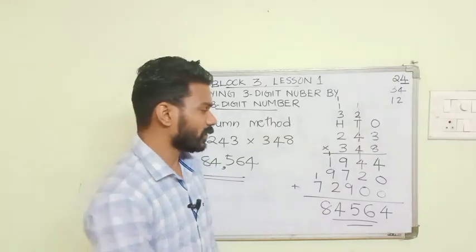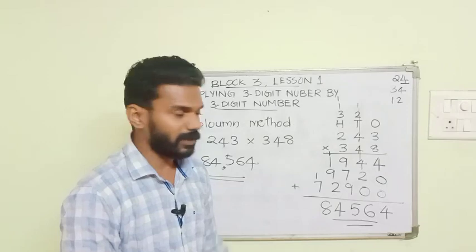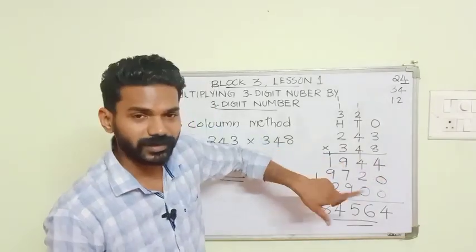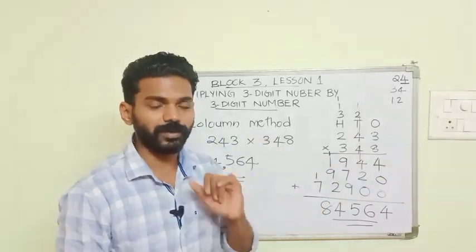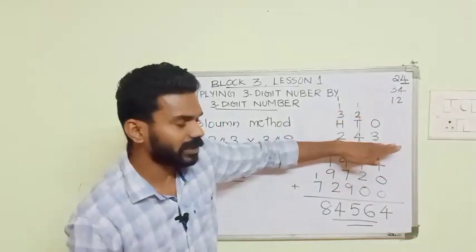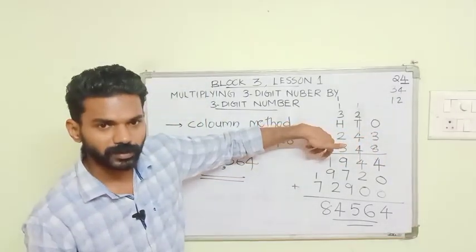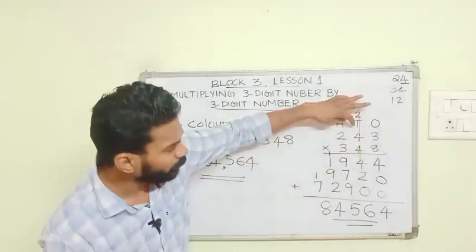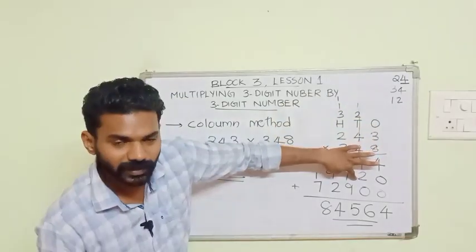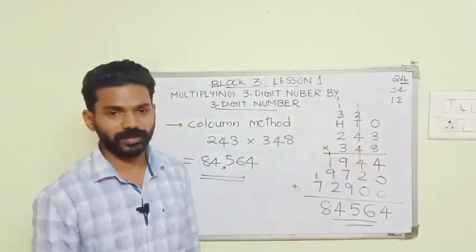So at the bottom you will be obtaining 3 rows. And while you construct these 3 rows, there is one more thing you need to take care of. On the first, there is nothing to worry about. You can directly write down all the values. But on the second, you will be starting with the tens place, so on the ones place you will put a 0.